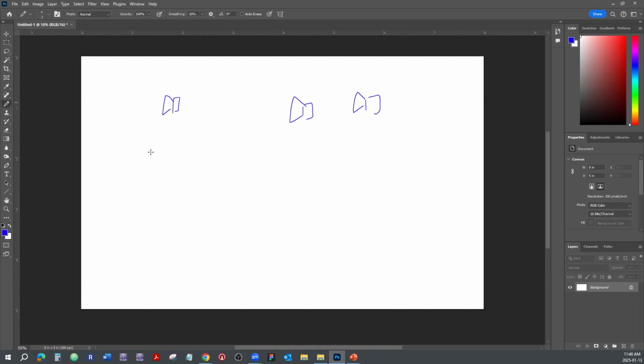I'm going to draw it like this here. If you connect these two in parallel, parallel here, just like that.